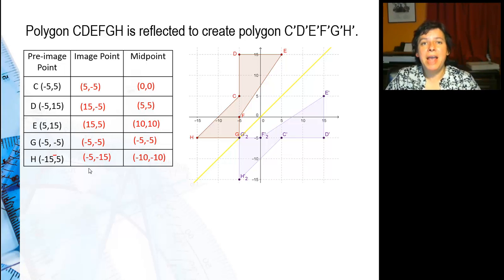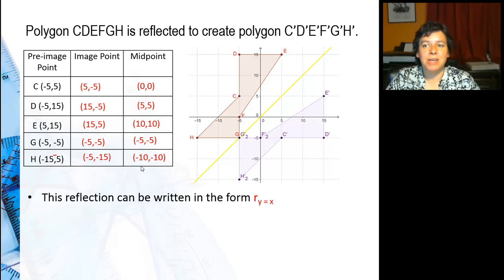So we're going to add that to our notes as a rule for reflection across the y equals x line. And you can tell it's the y equals x line because the midpoints are all the x's and the y's match: 0, 0, 5, 5, 10, 10, -5, -5, -10, -10. So this reflection can be written in the form r with a lowercase y equals x.